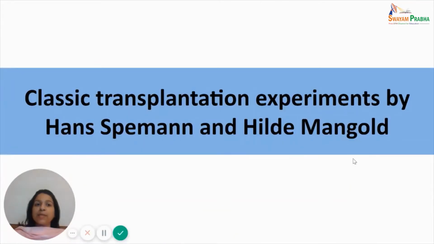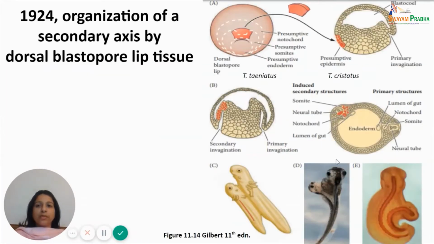Some classic transplantation experiments have been done by Hans Spemann and his doctoral student Hilde Mangold. In 1924, this experiment was done by Spemann and Mangold, which demonstrated the organization of secondary axis by dorsal blastopore lip tissue.